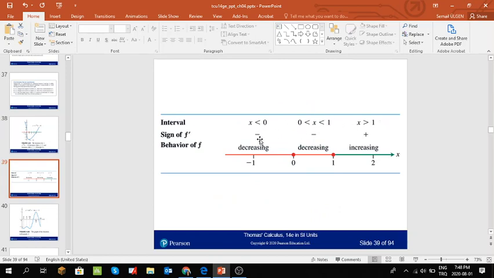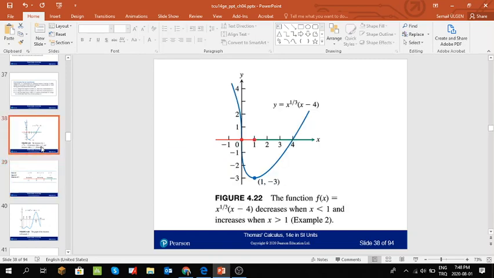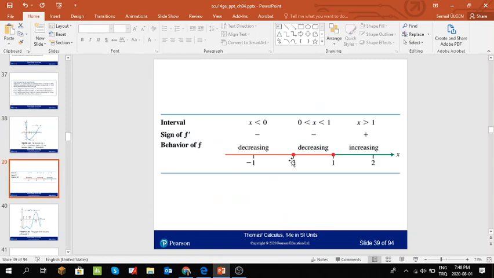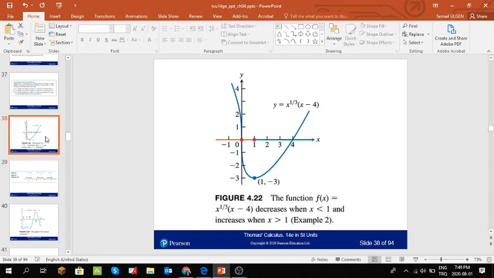I mean the 0 and 1. So where do we get the 0 and 1? When you take the derivative of this, at those points the derivative is 0, right? Or undefined. Since we don't have the derivative here right now, I wouldn't say which one is actually at 0.